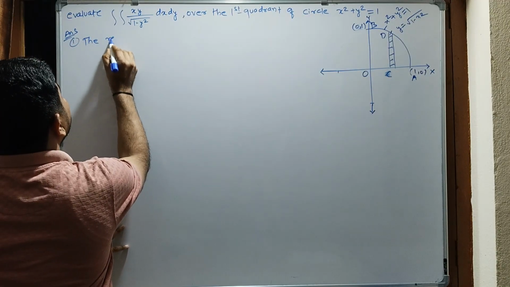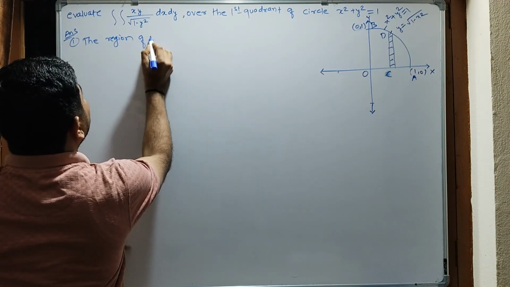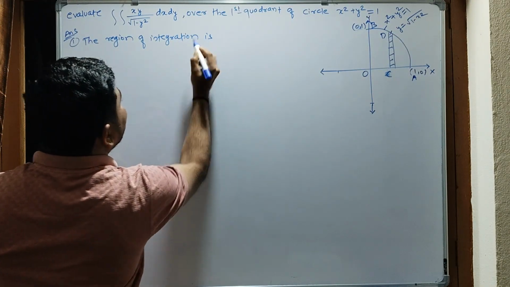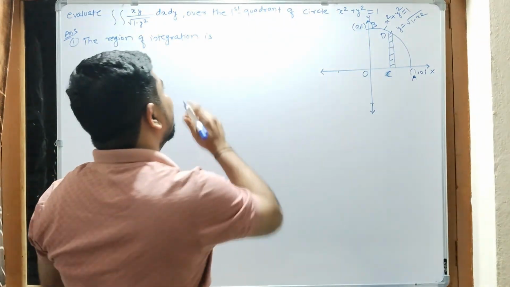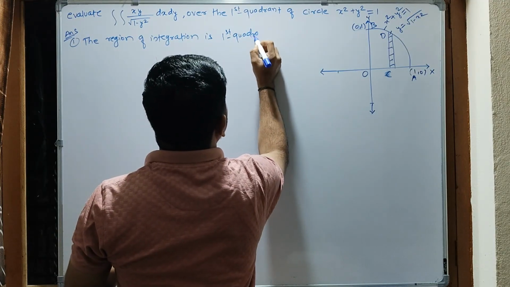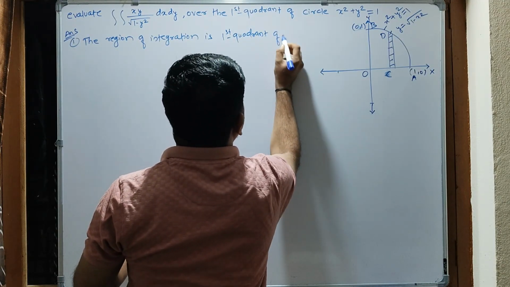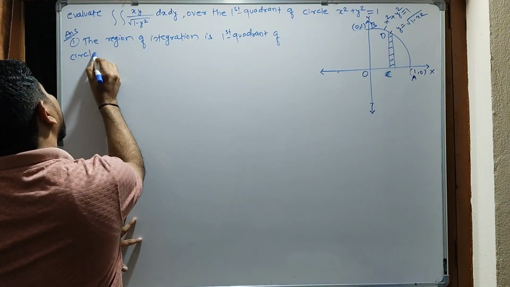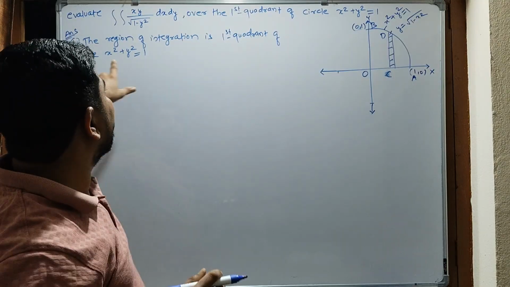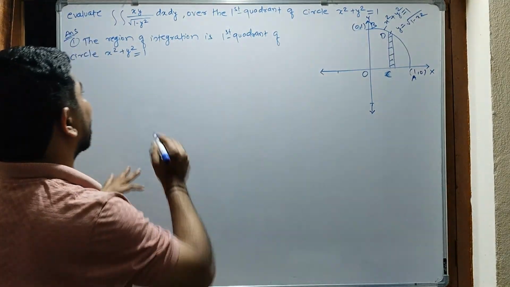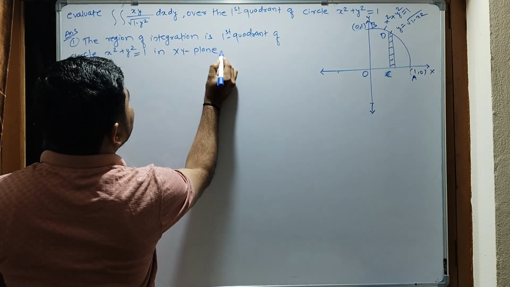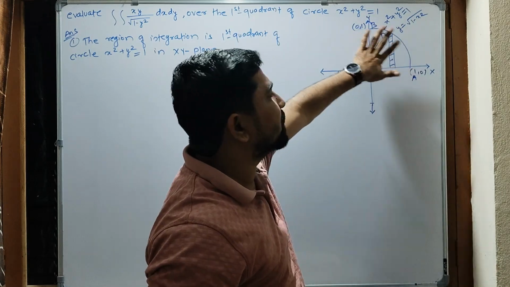The region of integration is the first quadrant of the circle x square plus y square equal to 1, the first quadrant of the circle centered at origin of radius 1 in the xy plane. So this is the region of my integration OAB, the first quadrant of the circle.